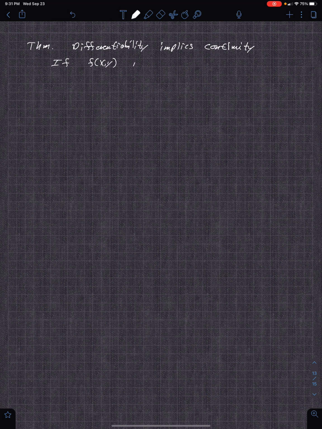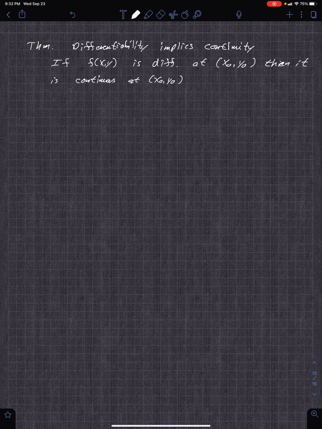So if f of xy is differentiable at a point, so at x naught, y naught, then it is continuous at that point.